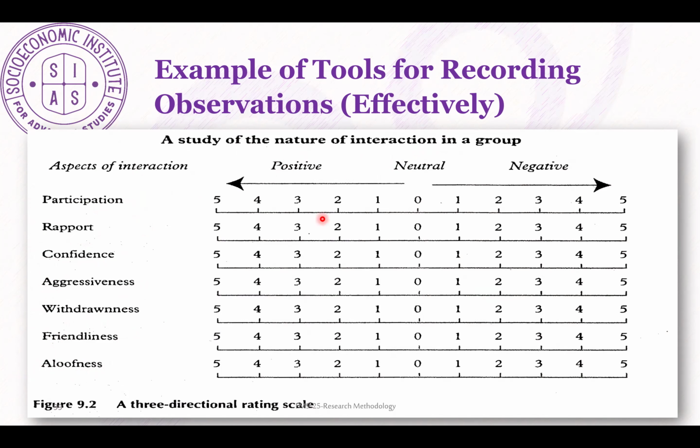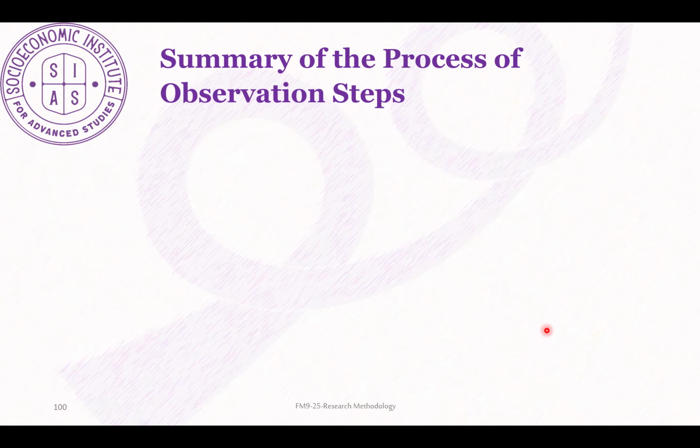All of these we can take from this scale, whether we go for the negative side or the positive side of the scale. So this is an example of a good observation scale that can help us later when we analyze the data. We can get a lot of results from such a scale.